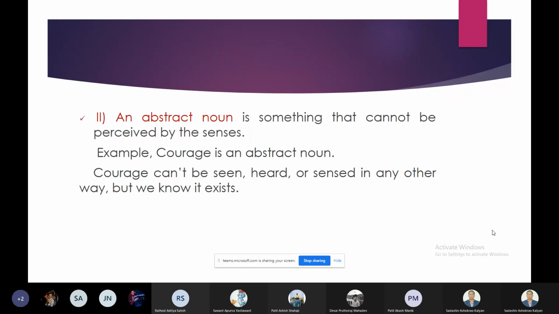This courage we are not able to hear, see, or experience, but it exists. So that is considered an abstract noun.